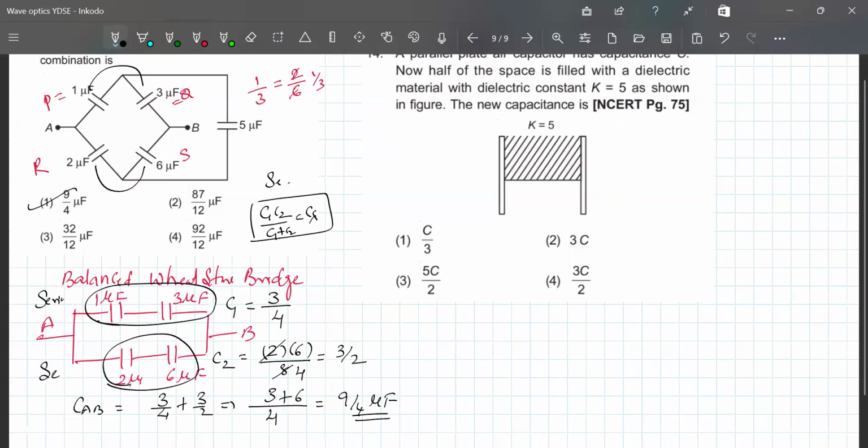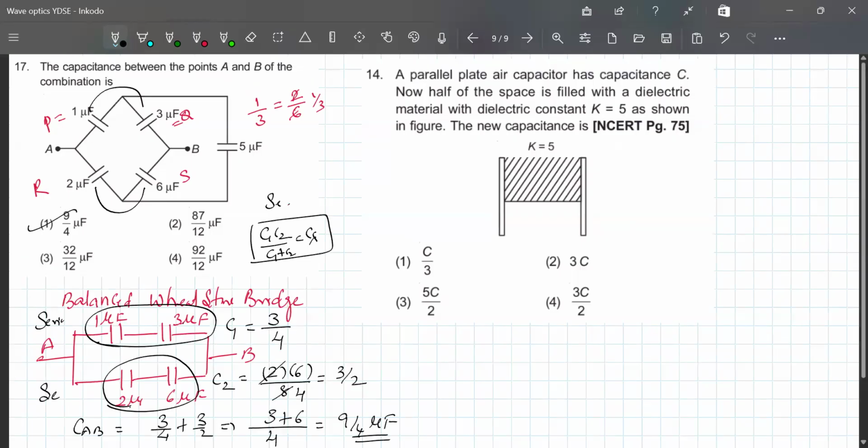Okay. Then after that, see this diagram. So they are connected here. This is A, this is B. Means half of the distance. This is A, this is dielectric. So a dielectric constant is 1. You take this as 2. When the area is divided, this is C1, this is C2. So C1 and C2 are in parallel.